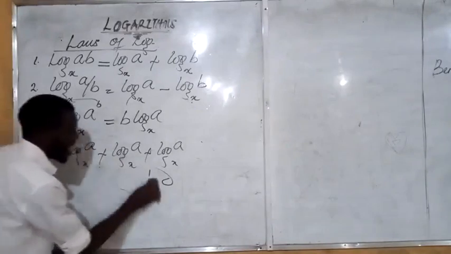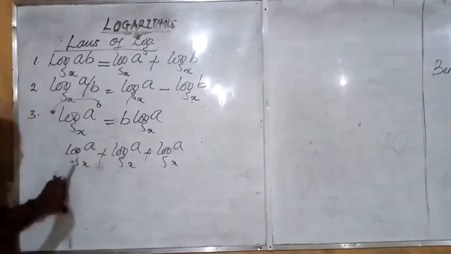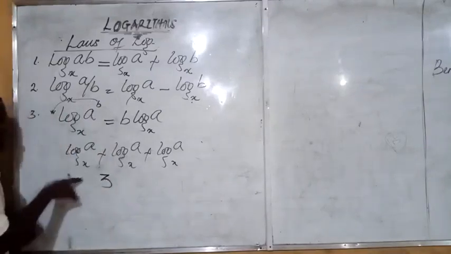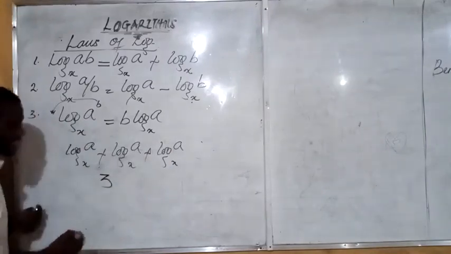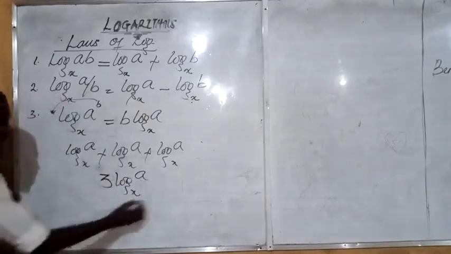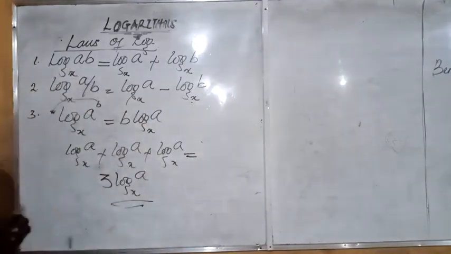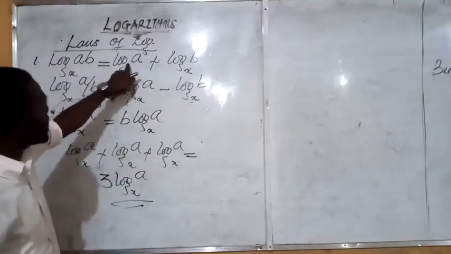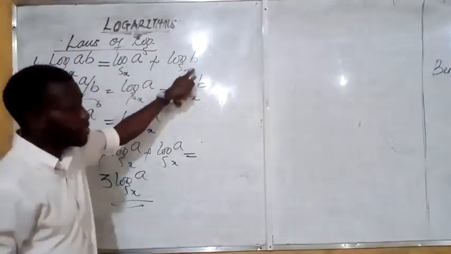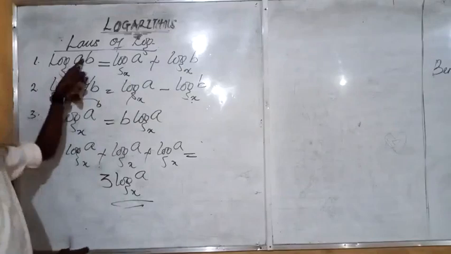Alright, the same way I could say that this expression, log to the base of x of a, that is appearing thrice, is going to be 3 times this thing. That's what it means. 3 times log a to the base of x. Now, please hold on a minute. Remember that the first principle says that the log of a base x plus the log of b base x means that these two are actually technically multiplying each other.